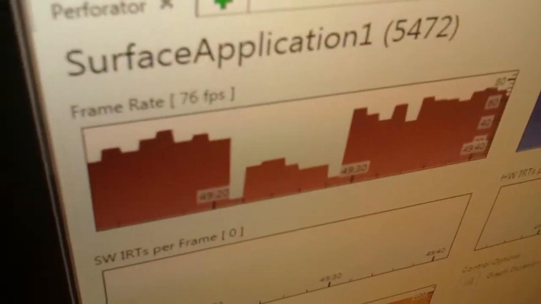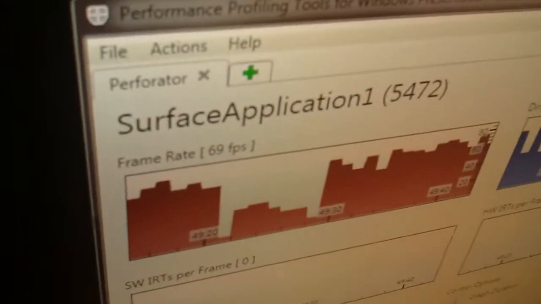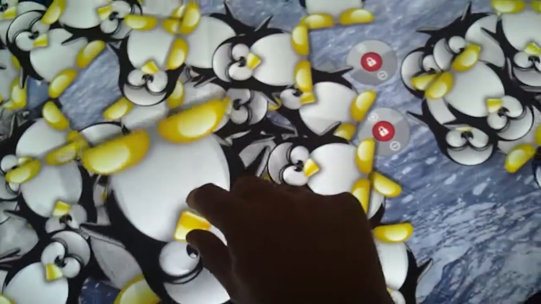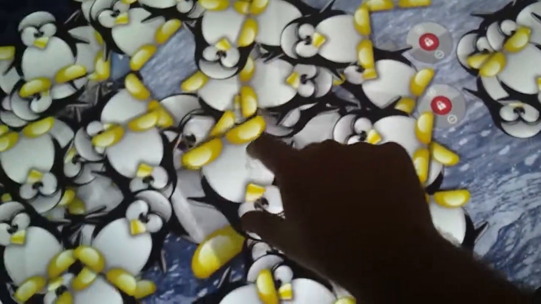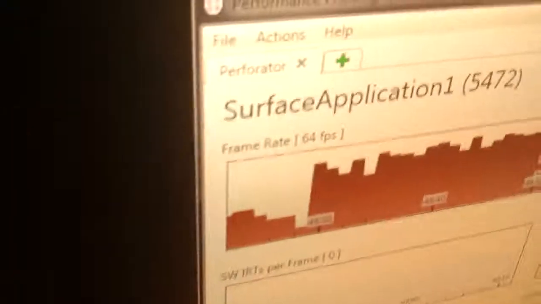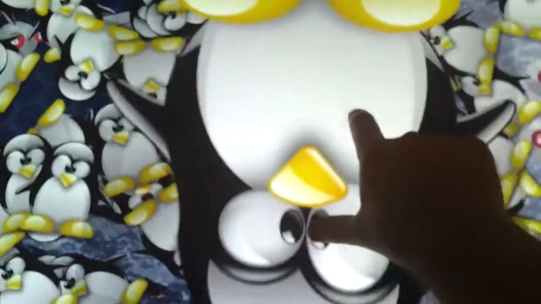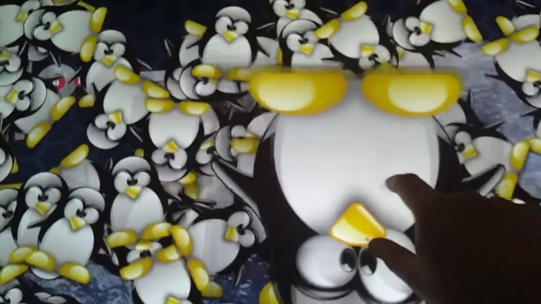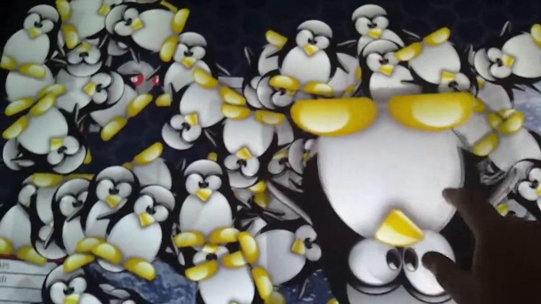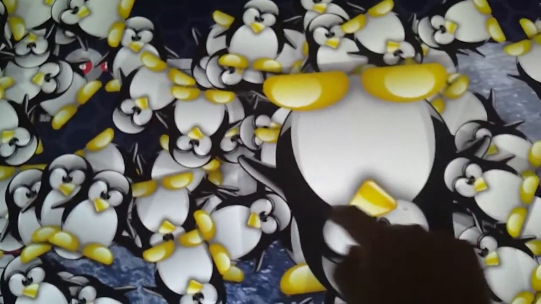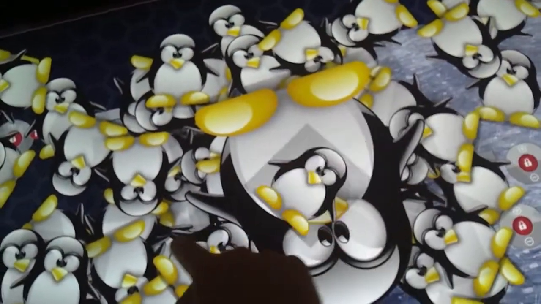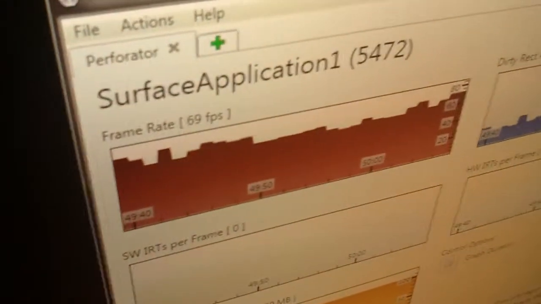Still right there, that 60 to 70 frames per second. Resizing. I'm going to keep doing this. Yeah, all perfectly happy. The only time the frame rate counter drops so far is when I stop interacting with it and it stops refreshing, so it's not counting a frame rate anymore. Even a small one right on top of that big one, back and forth, back and forth. There you go.